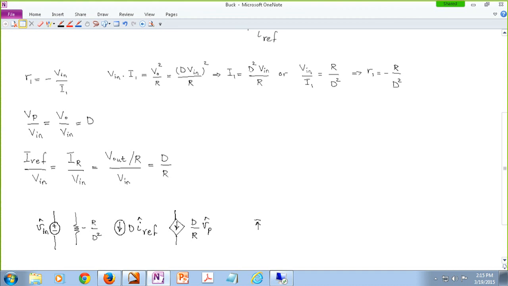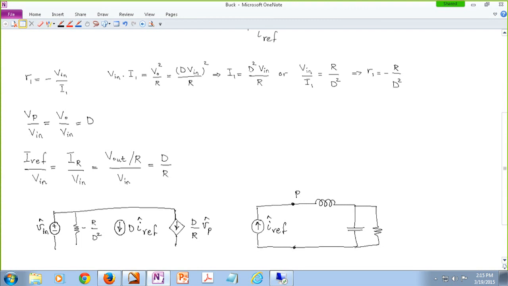And then I have Iref. And again remember this is the buck converter. And our control input is actually Iref basically.